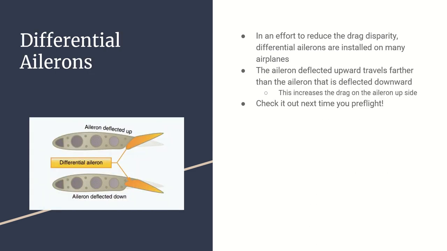There are some design features that kind of limit some of these phenomena. So differential ailerons are installed for the purpose of limiting that induced drag differential, so there's less adverse yaw. And what happens is when the ailerons move, they're designed in a way that causes that aileron that deflects up to move farther than the one that deflects down.